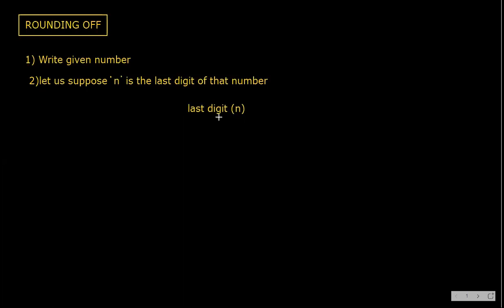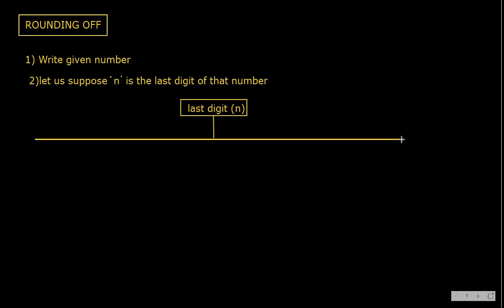Either it may be greater than 5, or less than 5, or equal to 5 also. तो चलो वही केस हम ले रहे हैं अभी देखो. This is the last digit n, and how many cases are possible for this? There are three possible cases.